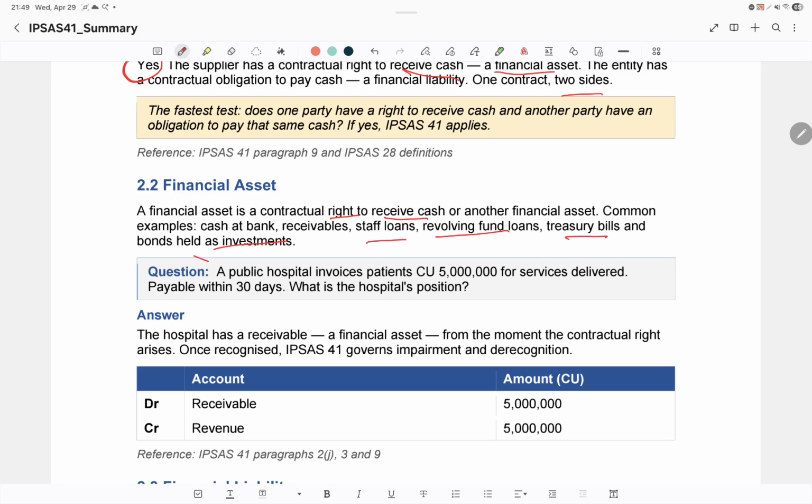A public hospital invoices patients currency unit 5 million for services delivered, payable within 30 days. So, what is the hospital's position? The hospital has a receivable. The hospital has a financial asset. From the moment the contractual right arises, once recognized, IPSAS 41 governs impairment and the recognition.